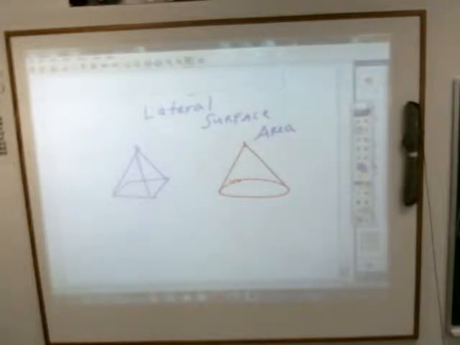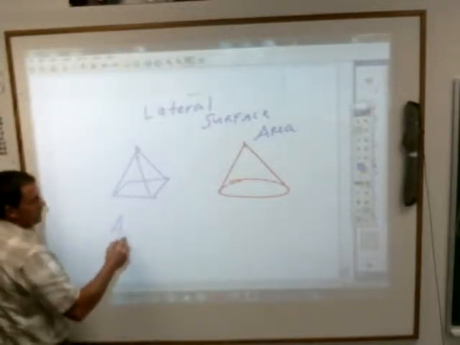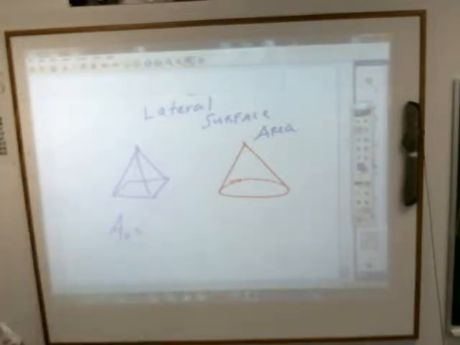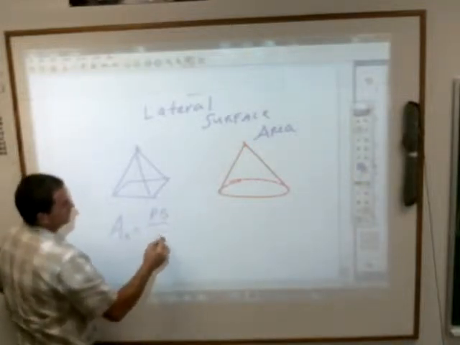And here they are. Of the pyramid, the book calls it this: A with the little s. What do you suppose that little s means? Surface area. Equals PS divided by 2.